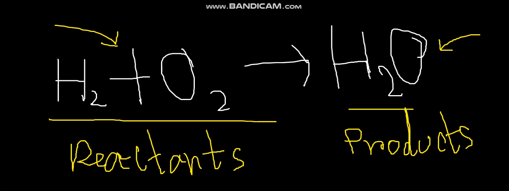The number of molecules on this side must be equal to the number of molecules on this side. When that is so, we can say that the chemical equation is balanced.